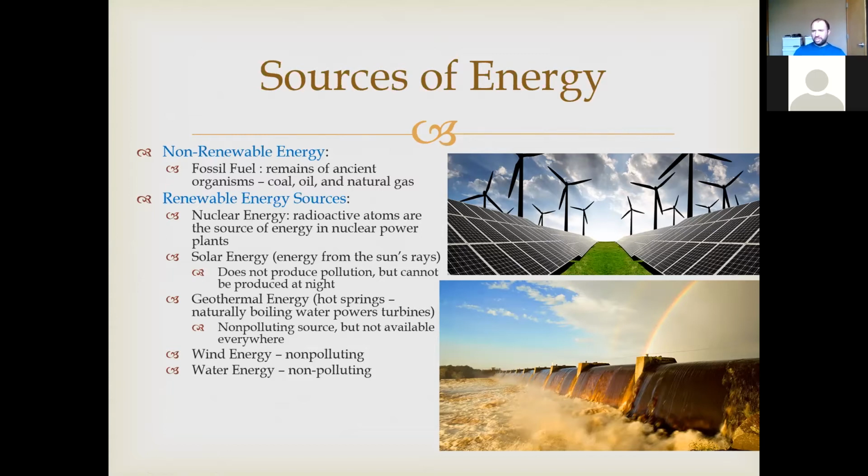Geothermal energy makes up a very small portion of the renewable energy that our country or our world uses, because there are just not hot springs in every location, right? We happen to live somewhere where there are lots of hot springs in our region in general. But there are lots of regions around the country and around the world that don't have that. So it's a very limited source of renewable energy.